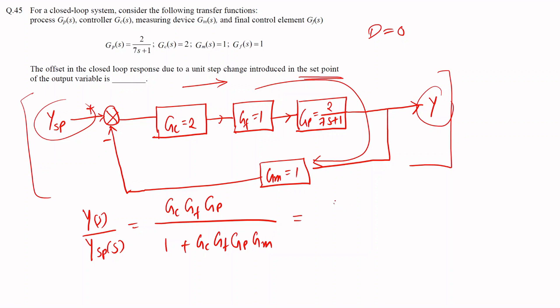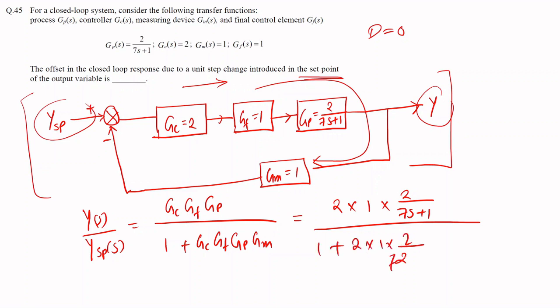So let's replace it. 2 into GF, the final control element, is 1, then GP is 2/(7s+1), upon 1 plus 2 into 1 into 2/(7s+1) into GM, which is 1.